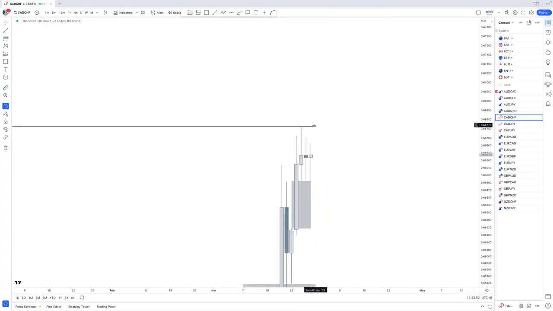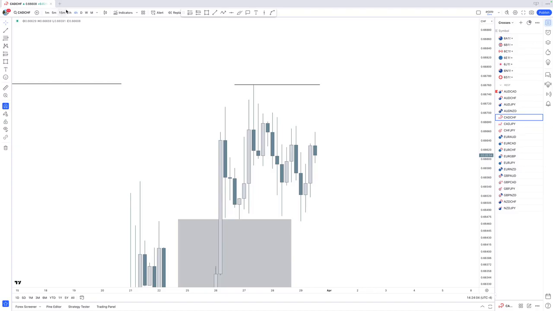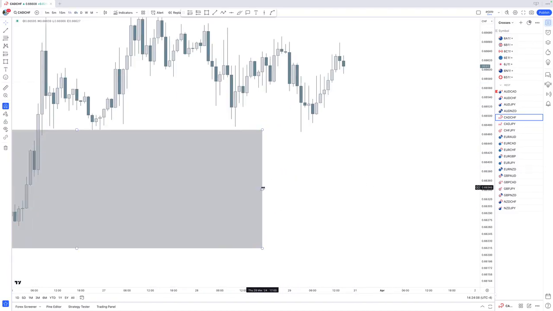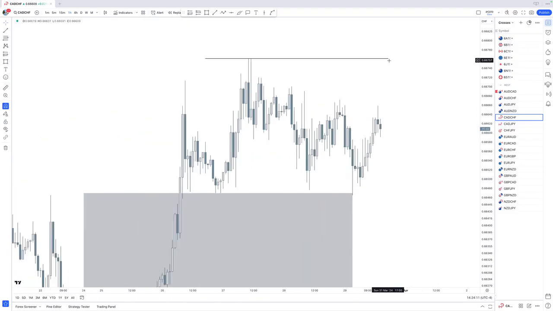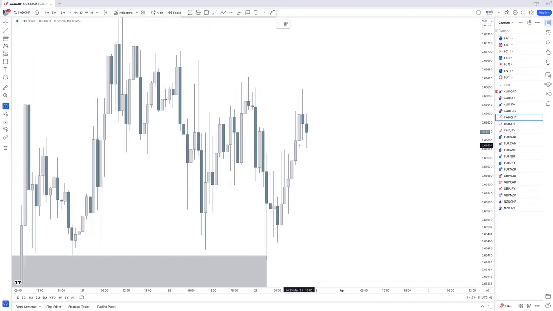So in this case, we already have context towards that weekly fair value gap potentially, where that swing high is right there. So in this case, we can go into the 4 hour and even the 1 hour to see if we have fair value gaps already supporting the idea of continuing higher towards that high. But currently I would argue, yes, we have it somewhat, but if we want to trade this next week, then I would still want to wait for a little bit more clear price action as well.